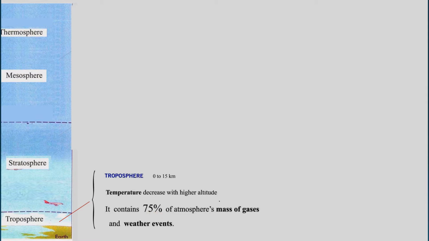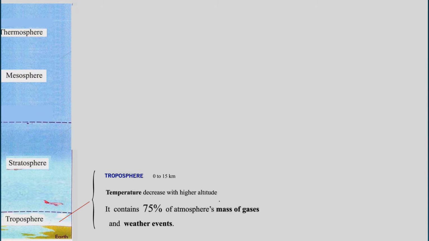Why? Because remember the pressure we just mentioned. Here the gas is a lot more dense. And all the weather events also happen in this layer. So in this picture, that is an airplane.